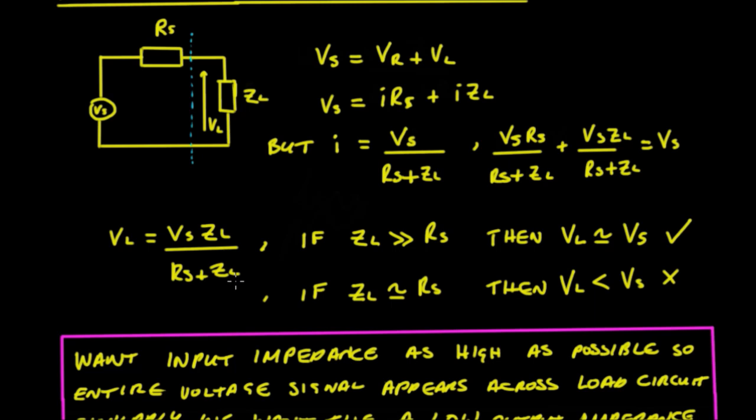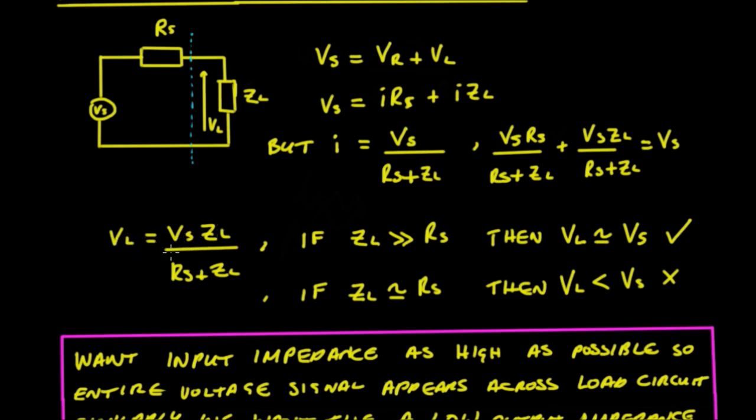So if the value of ZL is much bigger than the value of Rs, then ZL is going to dominate, so we could in effect take the Rs out, and we just have ZL upon ZL. So ZL would cancel with ZL and VL would equal Vs.